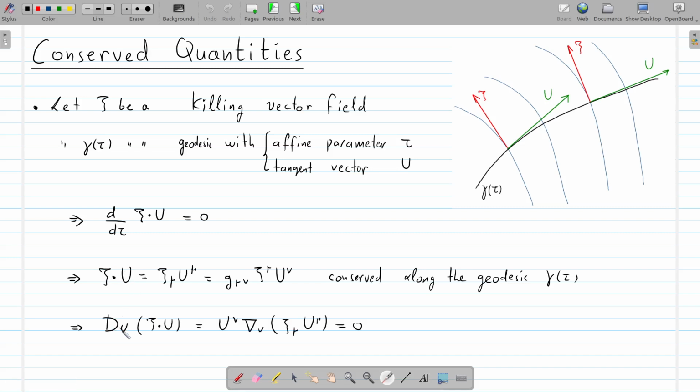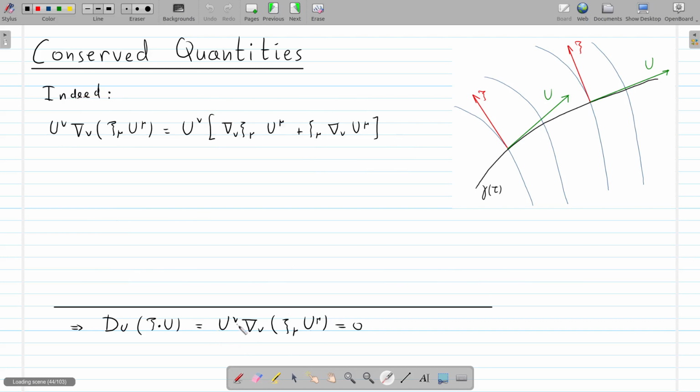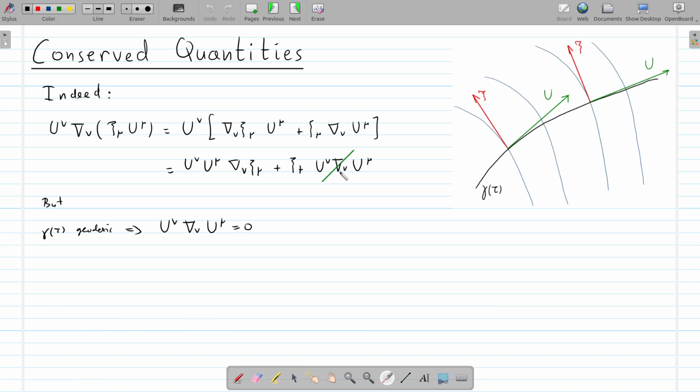Of course, that means that the directional derivative of the inner product is 0, and we can write these equations in this form. Now that we have substituted with the covariant derivative here, we can apply the Leibniz rule and obtain those two terms. And by rearranging a little bit the factors of each term, we obtain this. And we immediately see that the second term vanishes because gamma is a geodesic and tau is an affine parameter.